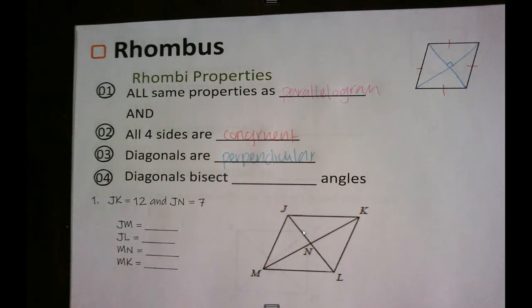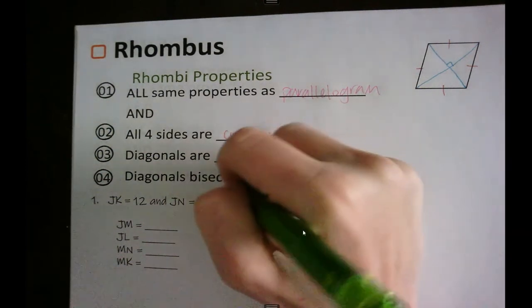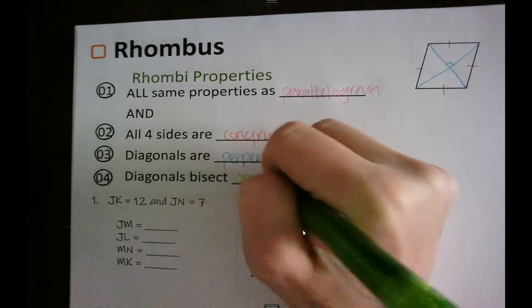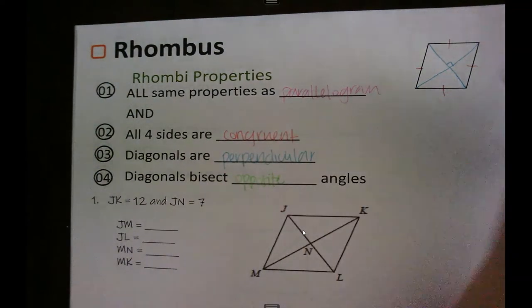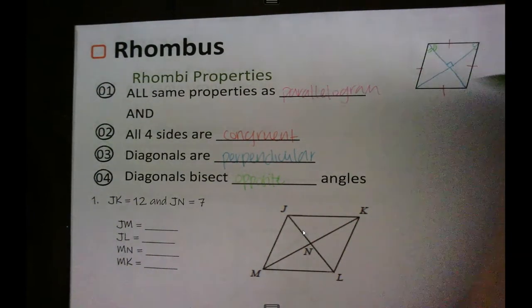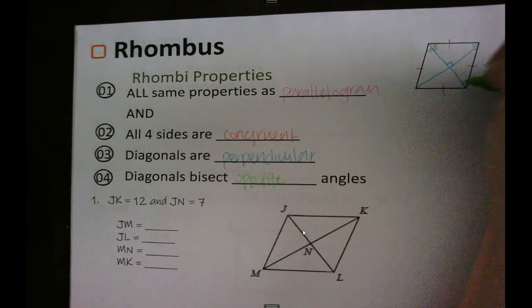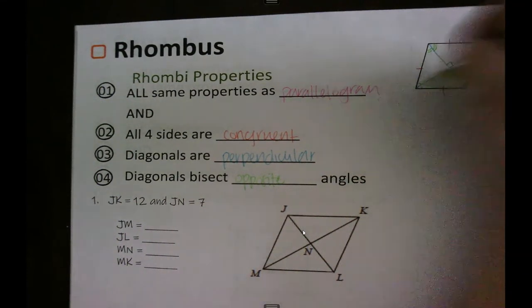And our diagonals are also going to bisect opposite angles. So that means that whatever degree this side of that line is, same here. These are going to be the same, these are going to be the same, and these are going to be the same.